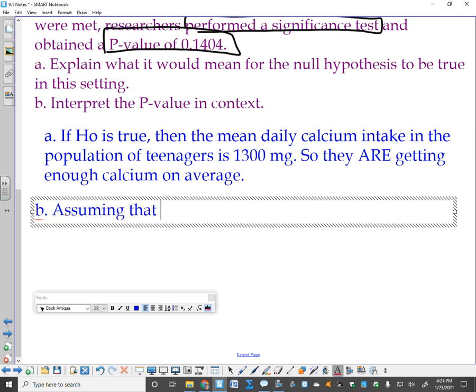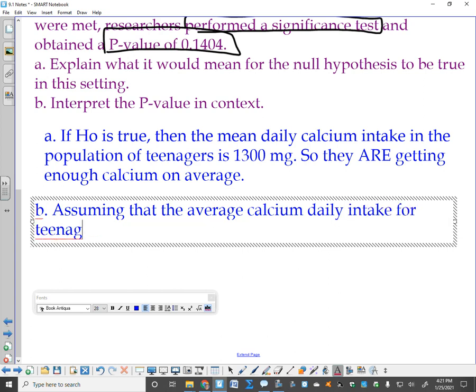Assuming that the average daily calcium intake for teenagers is 1,300 milligrams, so assuming that H0 is true, then there is, okay, now what was your p-value? 0.1404.